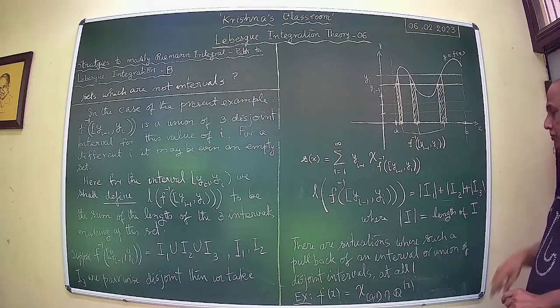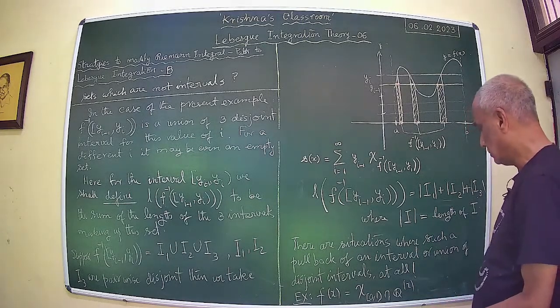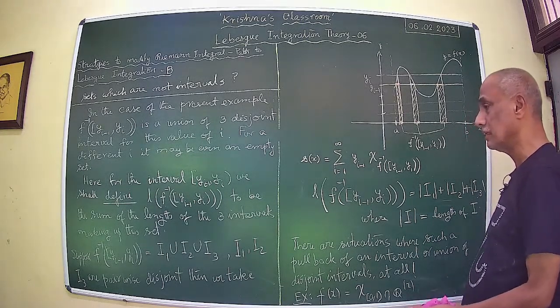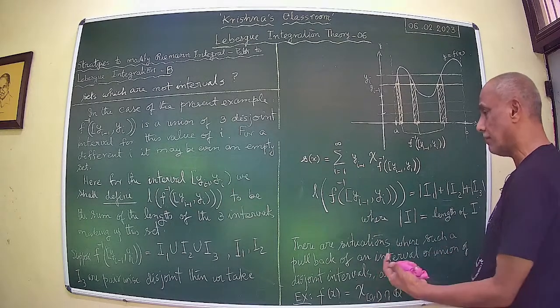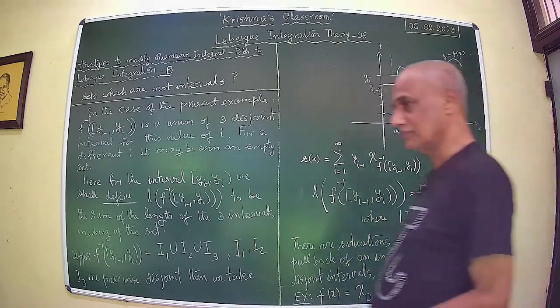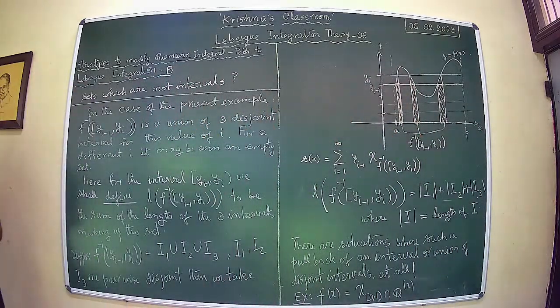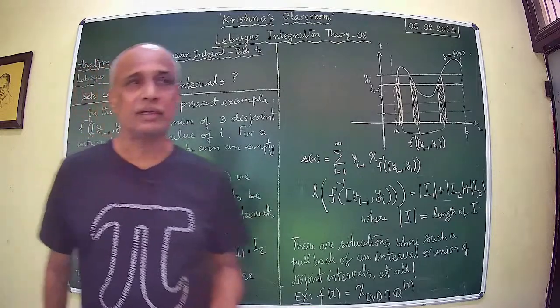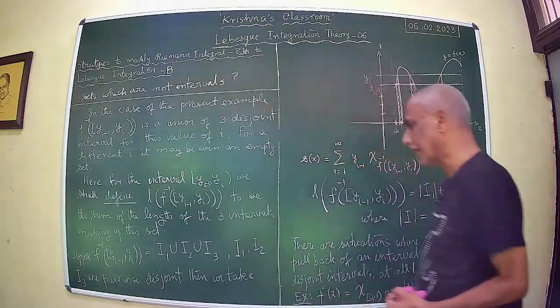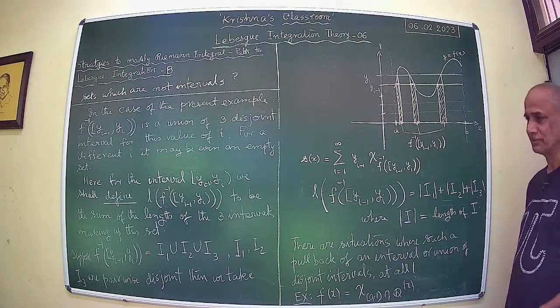And if we are taking the interval to contain 0 but not 1, then it is going to be the entire set of irrationals, and they are not intervals, they are not even union of intervals.